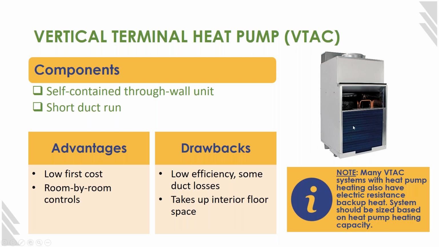So another note, similar to the package terminal heat pumps, many of these VTAC systems with heat pump heating also have electric resistance backup. So you need to be sure when you're specifying these or when your engineer is specifying them that they are sizing them based on the heat pump heating capacity, right?